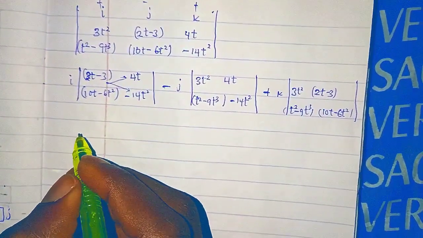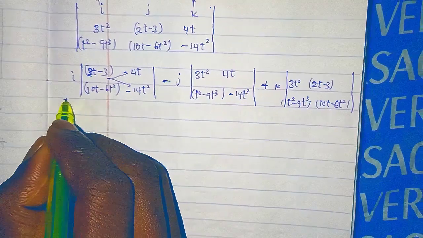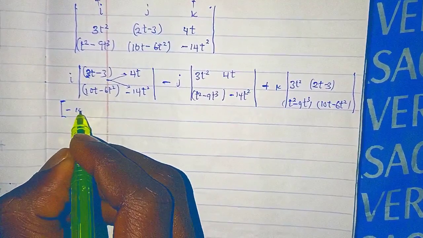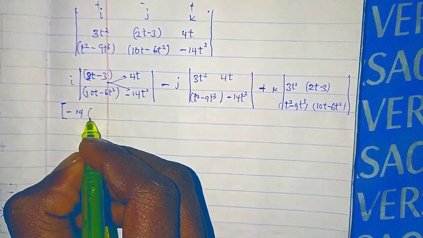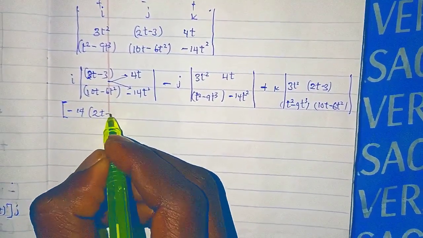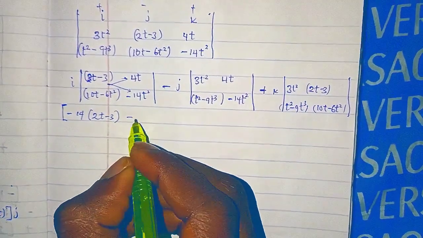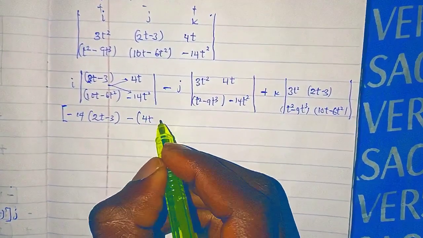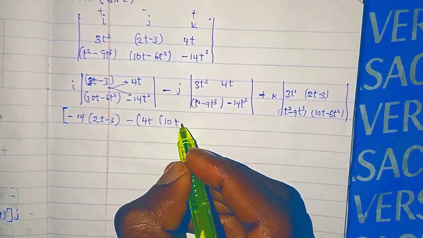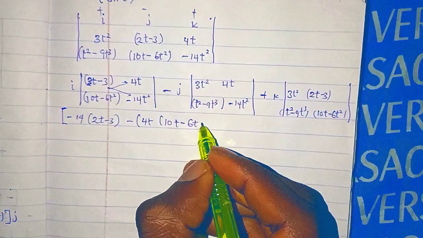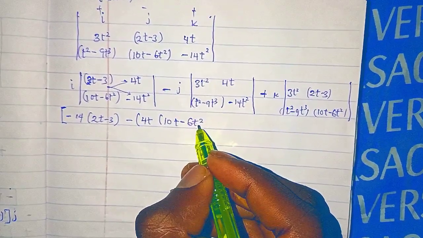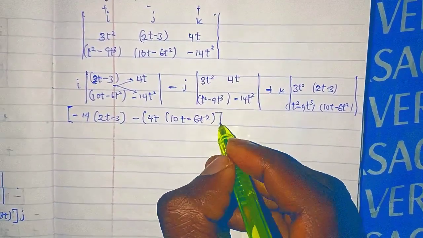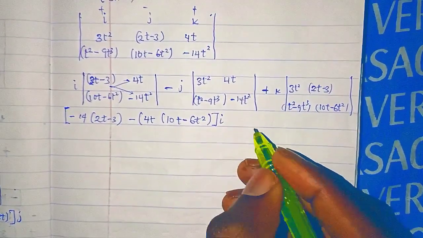Now let's have a square bracket here. We're going to be having minus 14 into 2t minus 3, minus the product of this, which will be 4t into 10t minus 6t squared. Let this be under I.